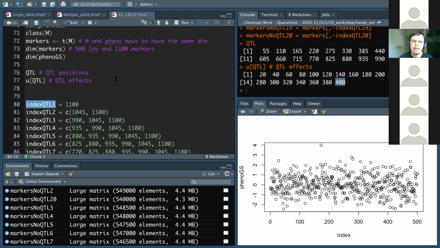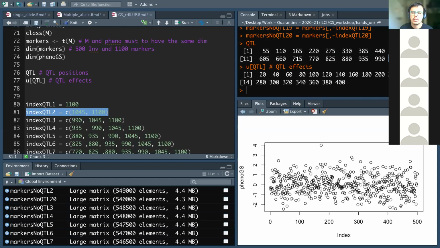That is why I started using the QTL with the highest effect, the one in position 1100, as a fixed effect here. And then the second data set is going to have two fixed effects, which are the QTLs in position 1045 and 1100, that have the highest effects.